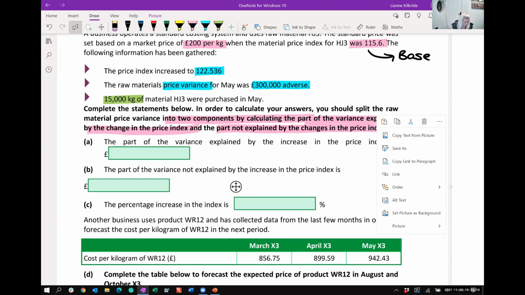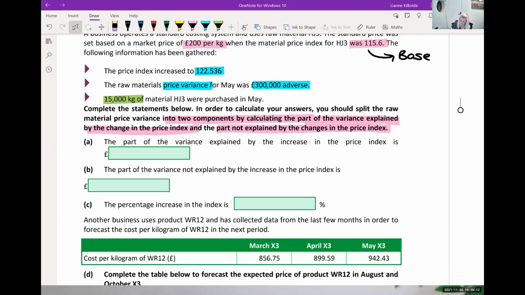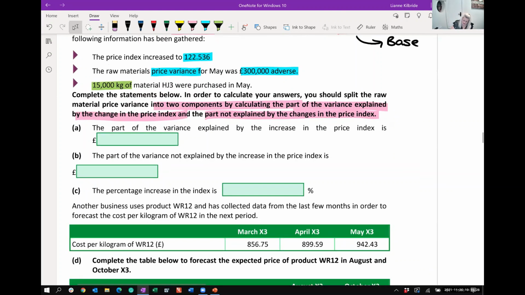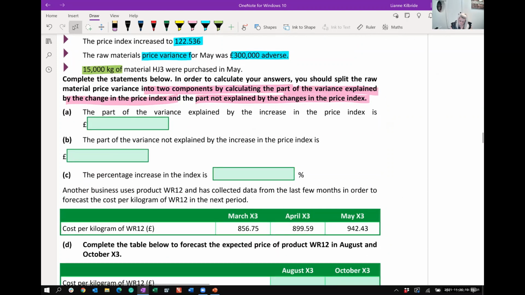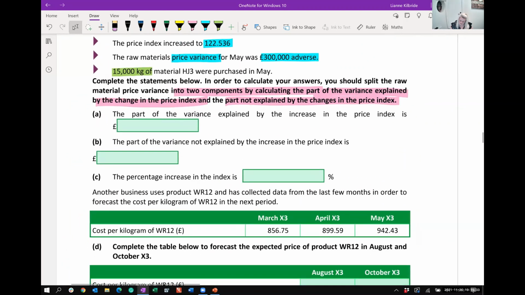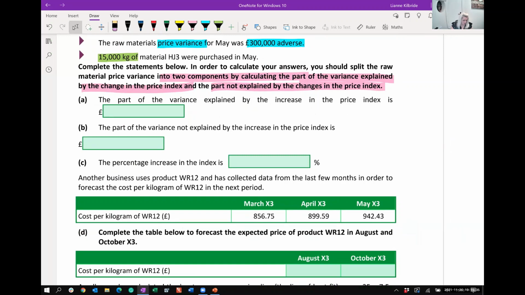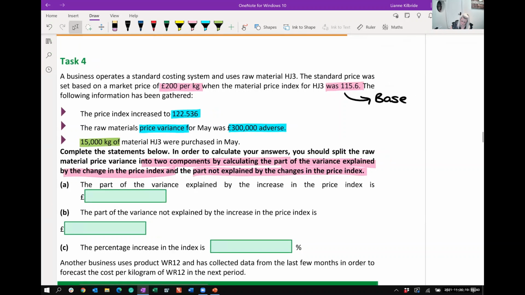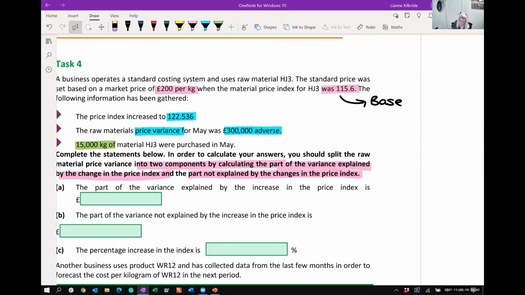The first thing we need to identify is what the cost would be overall, for us to see how much can be explained by the change in cost. So part A, the part of the variance explained by the increase, is what? First of all, we look at the data we've been given for what we should have spent.